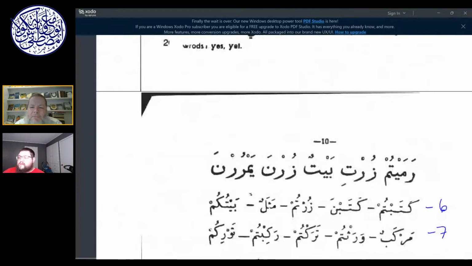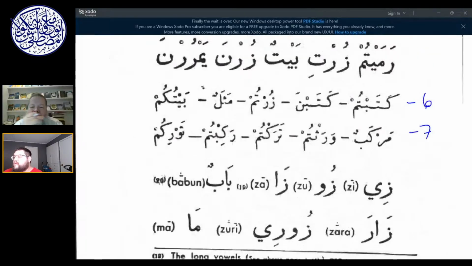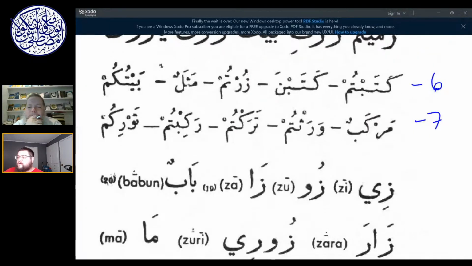Okay, and then we had the letter meem. If we could read line 7. Yeah, that first one was, I'm not sure. Is that just all the M? In my homework, I think I put it as MR. That's what it is. Oh, okay, yeah. That's correct. Markabun. Markabun. Exactly. Warathtum.